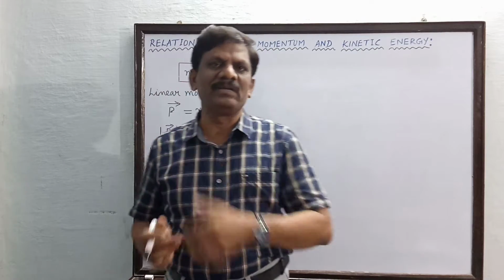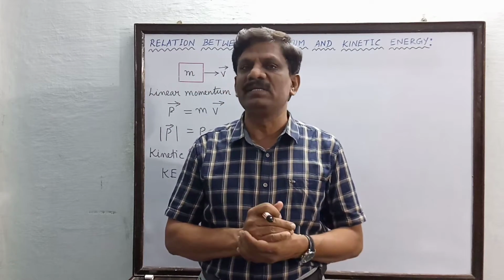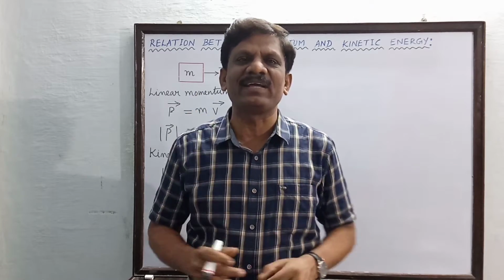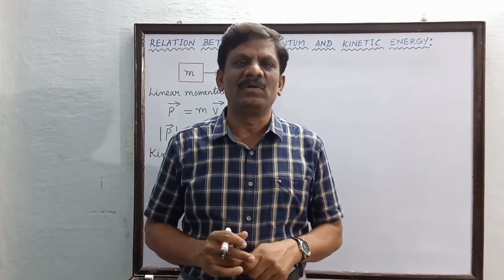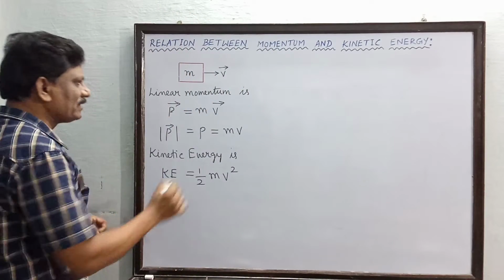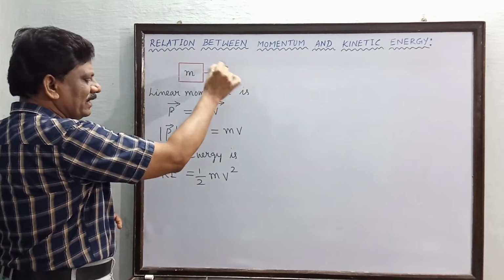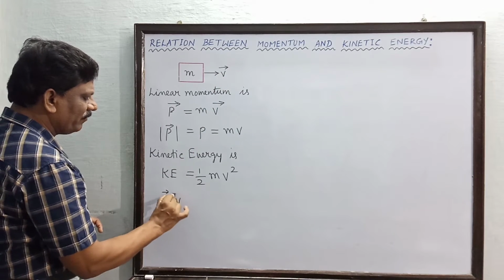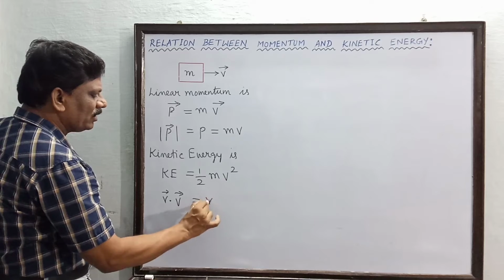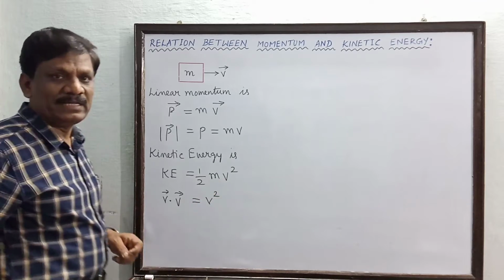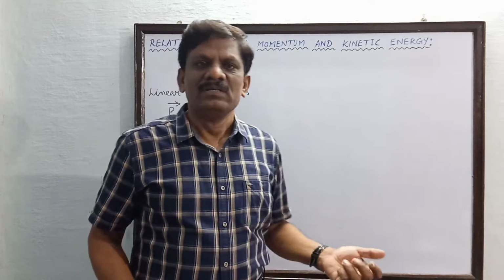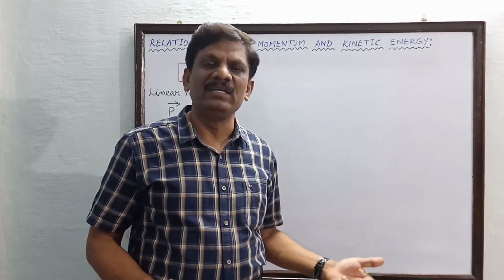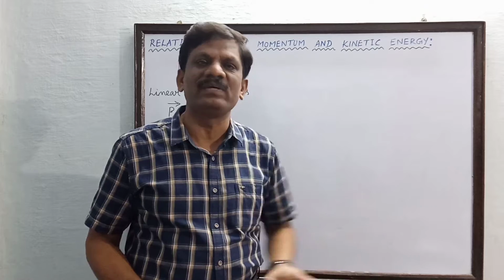Now in the second chapter, kinematics, we have studied the properties of dot product, is it not? What is the self dot product of a vector? You see here velocity is a vector, is it not? So v vector dot v vector is equal to what? v square. We have studied this. So the self dot product of the velocity vector, v dot v, is equal to v square.